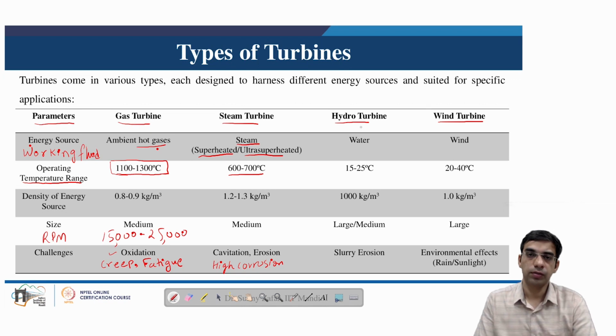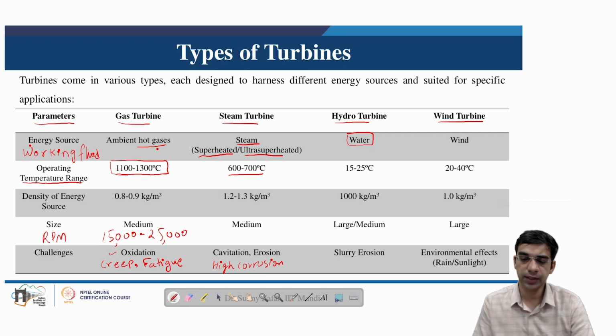Next is the hydro turbine. As the name indicates, it utilizes water as the working fluid. Hydro turbines are very popular, especially when we have a perennial river system with sufficient quantity of water all around the year.